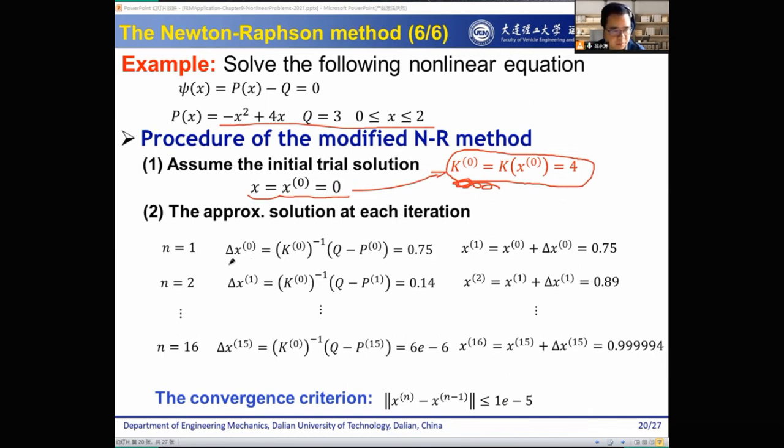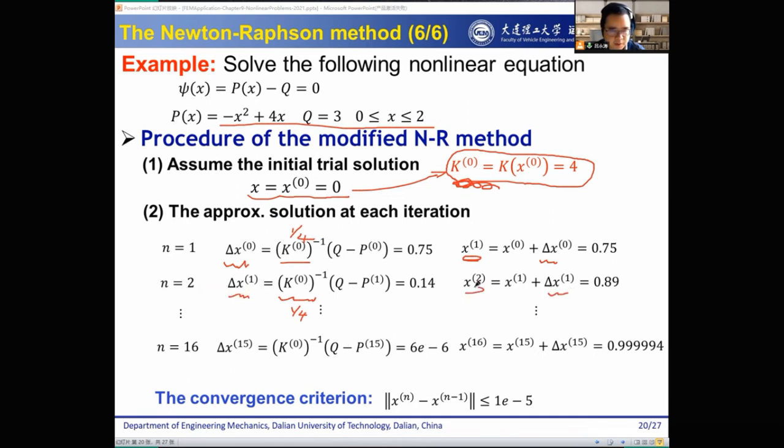So we calculate the first correction quantity, and the inverse of this will be 1/4. Then from delta x0, we can get x1. Then we use the same tangent, which is 1/4, and we can quickly get delta x1.